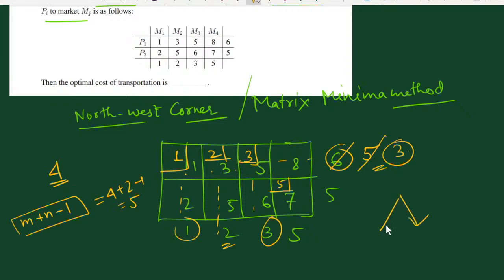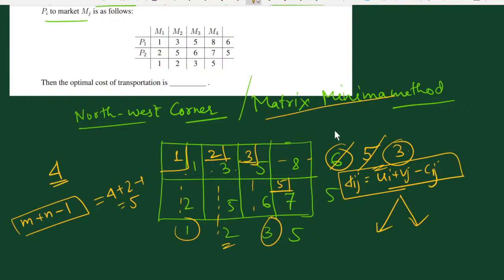We can check delta ij, which is equal to ui plus vj minus cij, but we don't go through this very long process. We just use the northwest corner method, and you can also apply the matrix minima method.